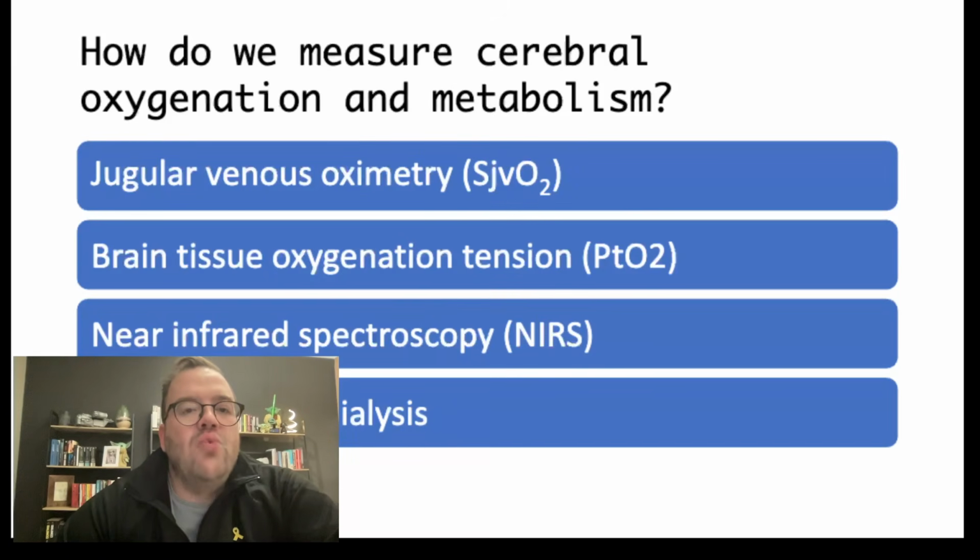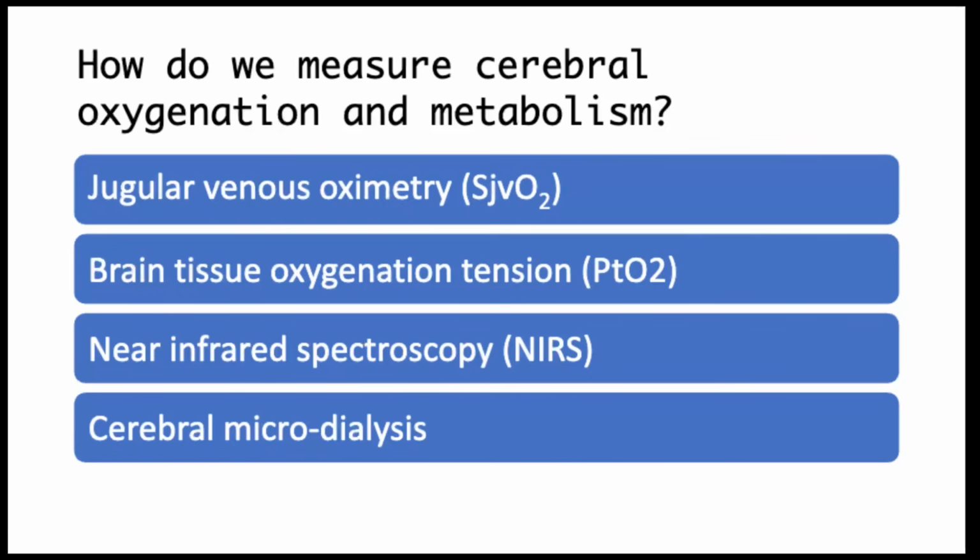Just quickly, how do we measure the cerebral metabolic rate of oxygenation and metabolism? We can do jugular venous oximetry, where an oximeter is placed in the jugular venous bulb, and you can measure the oxygen saturation on the venous side so that you can then determine the amount of oxygen extraction.